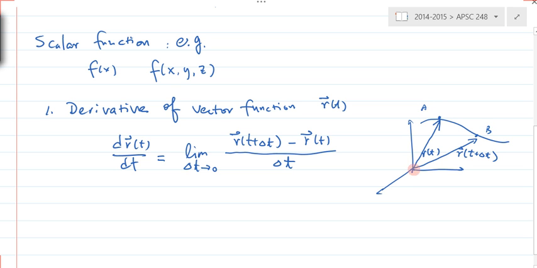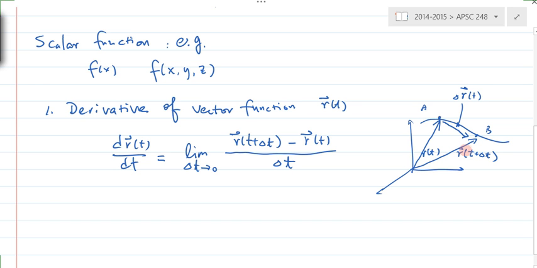Then we can form a triangle using vector addition and subtraction. This portion here is essentially the numerator, which we can call delta r of t.